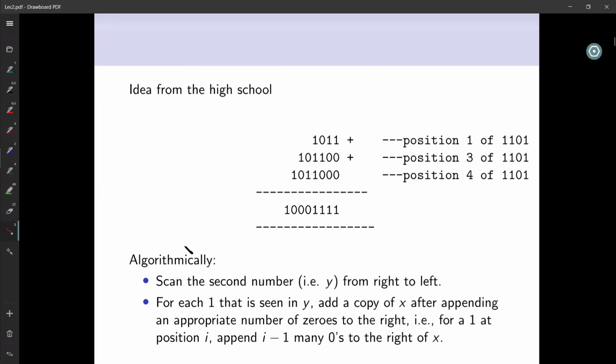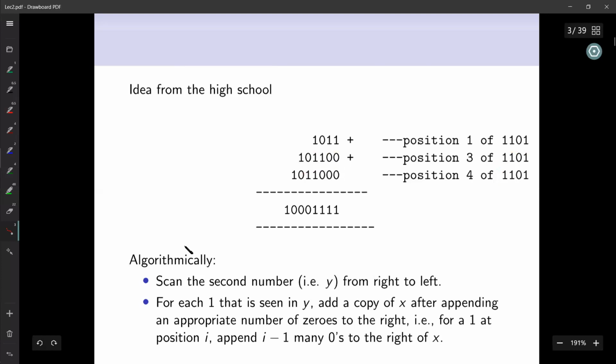Position 2 is 0, so we do nothing. For position 3, we make a copy of 1011 with two zeros appended to the right, since 2 is 3 minus 1. For position 4 of 1101, we again make a copy of 1011 with three trailing zeros, which is 4 minus 1.